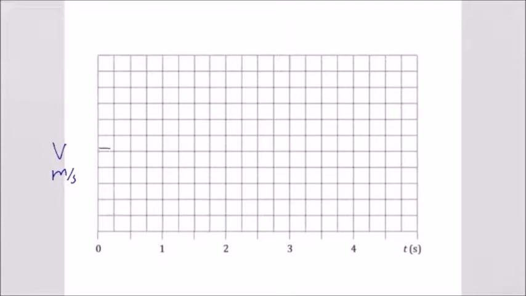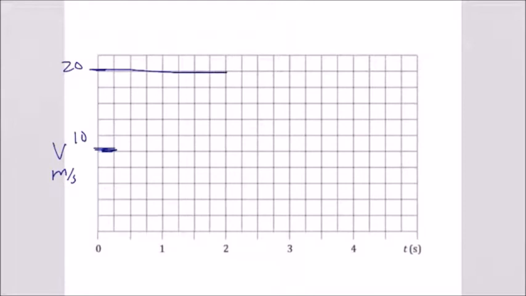It's going to be 10 right there. 12, 14, 16, 18, 20 right here. All right, so the 0.6 kilogram cart for the first 2 seconds was going at a constant velocity of 20 meters per second, something like that.